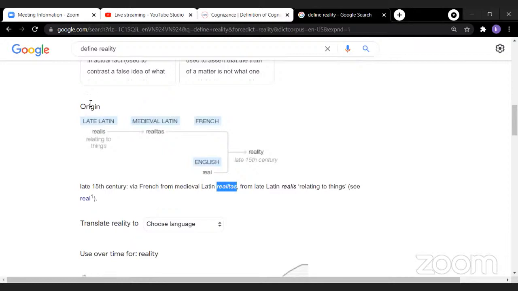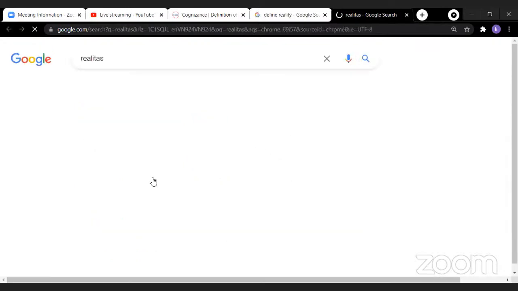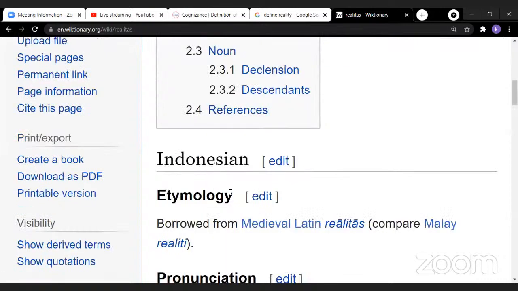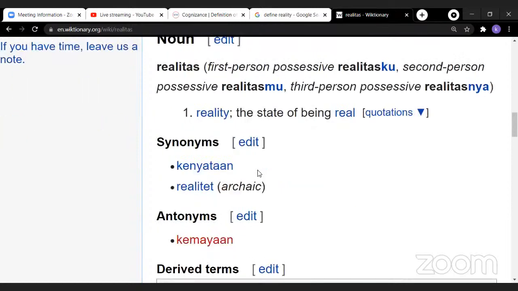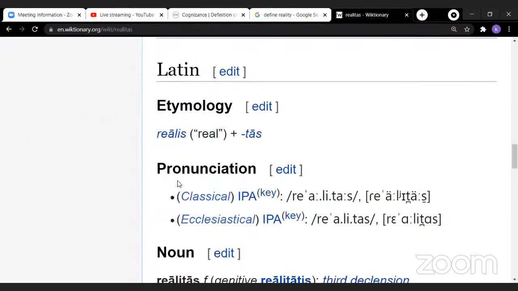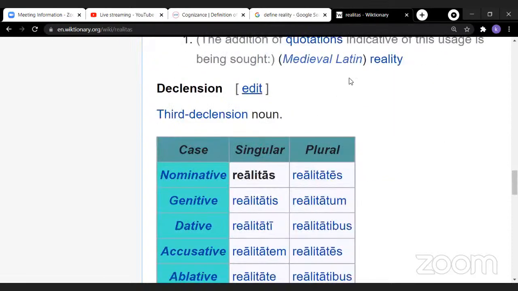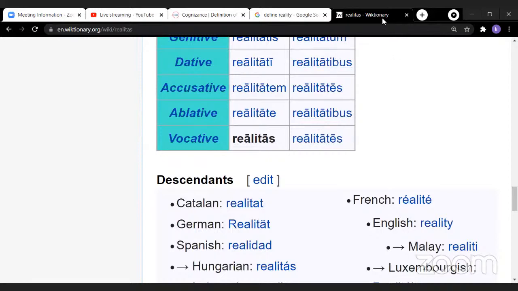This is the etymology of reality: late 15th century, from French, from medieval Latin. Let's look at the senses. I don't see it, but if you come to class, I can show you. Reality is those things that you can only experience by your senses, so it's a synonym for concrete.